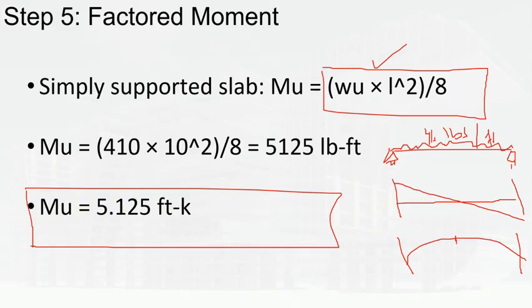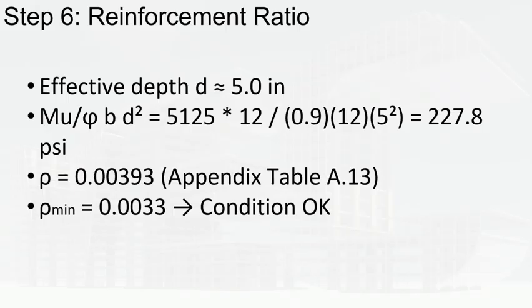Okay, let's move forward. Now the sixth step, you need to find the reinforcement ratio. For the reinforcement ratio, you need the effective depth, which is approximately equal to 5 inches. So this is your slab, which is equal to 6 inches.